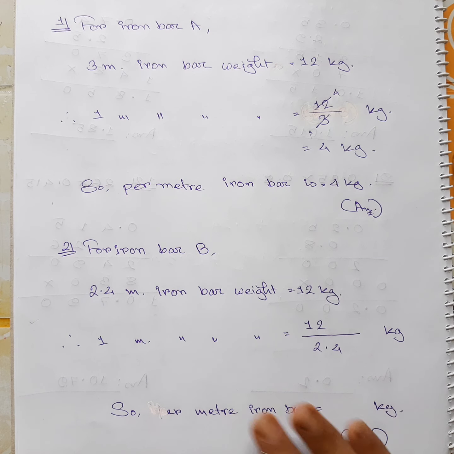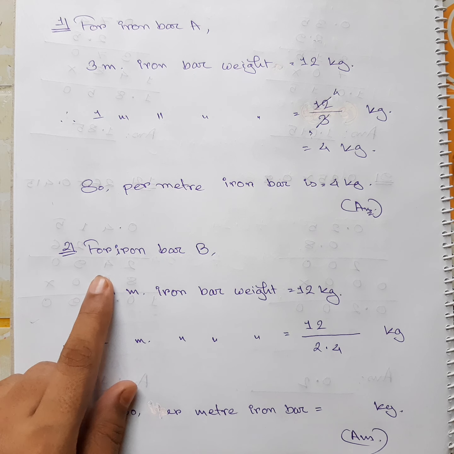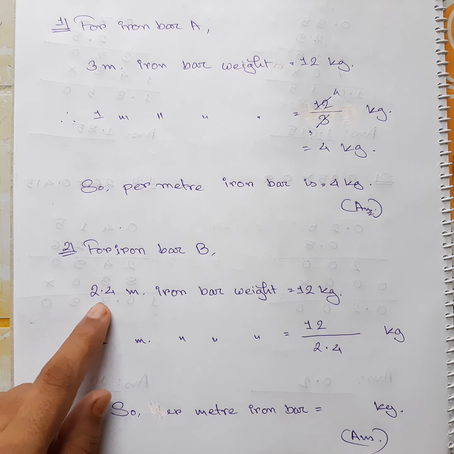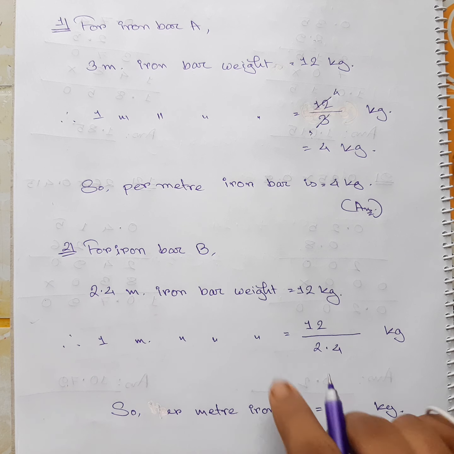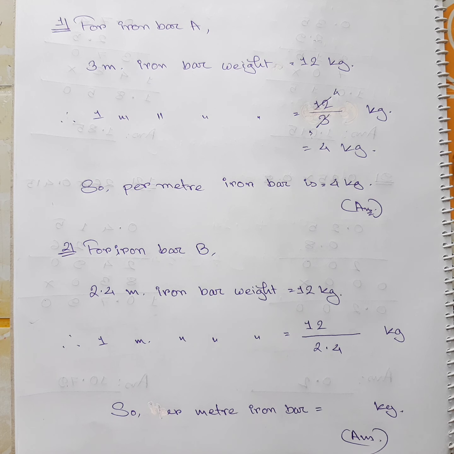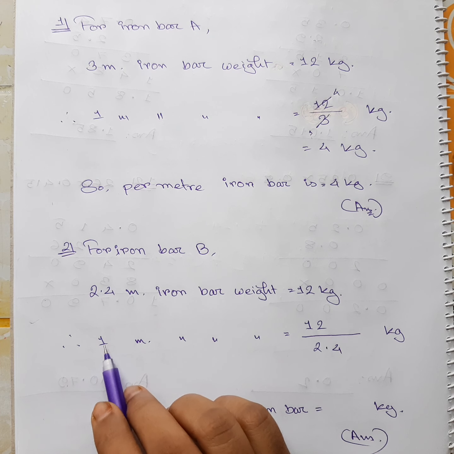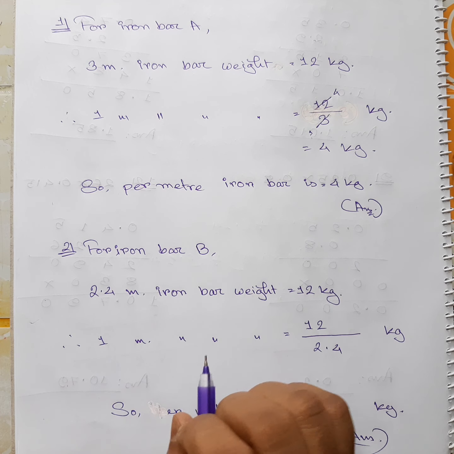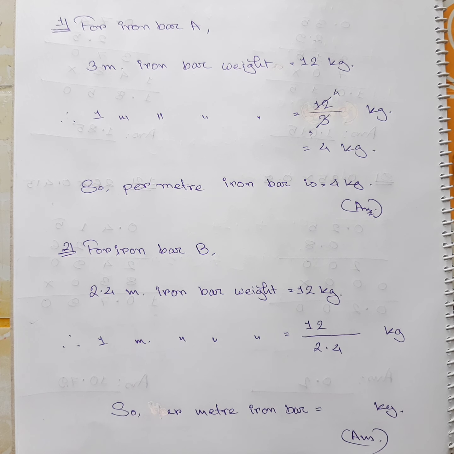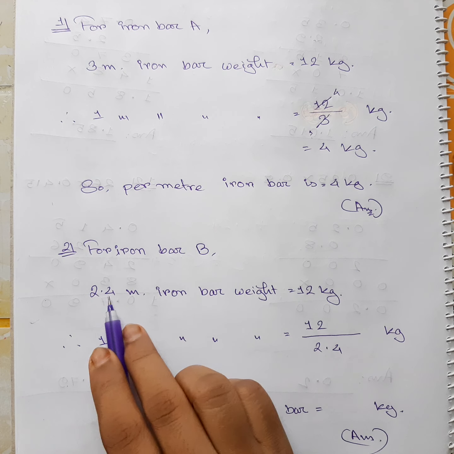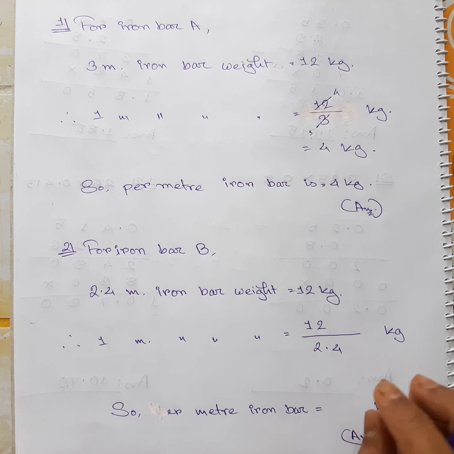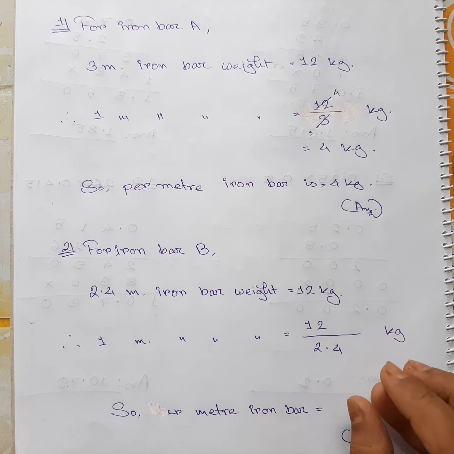And then for iron bar B, again 2.4 meter iron bar weighs 12 kg, same as A, and therefore 1 meter definitely will be less than 2.4 meter. So what are we going to do? We are going to divide again because we are going for less. So 12 by 2.4. I have just kept that part to show you because this part is a little bit different.